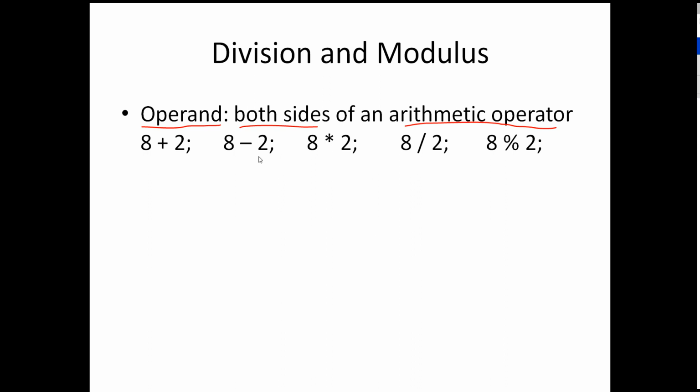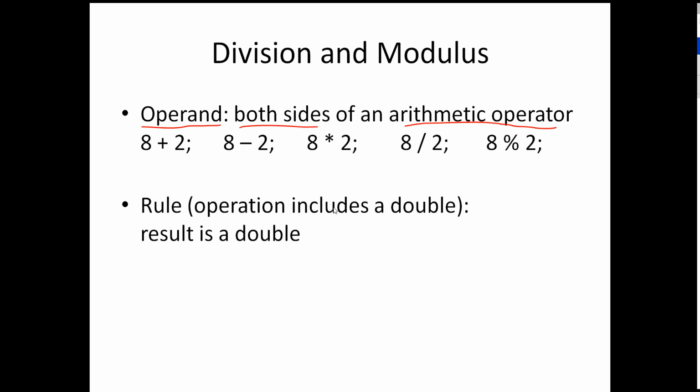When you're subtracting them, 8 and 2 are still operands. The 8 and 2 are operands in every one of these situations. In normal math, we call these addends. We have a minuend and a subtrahend. We have factors, and we have dividend and divisor. It's easier in Java because we call them operands.